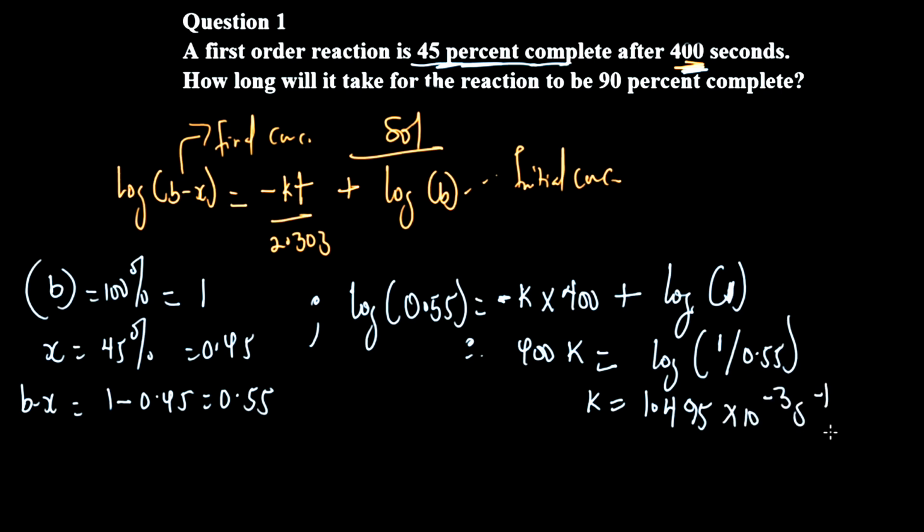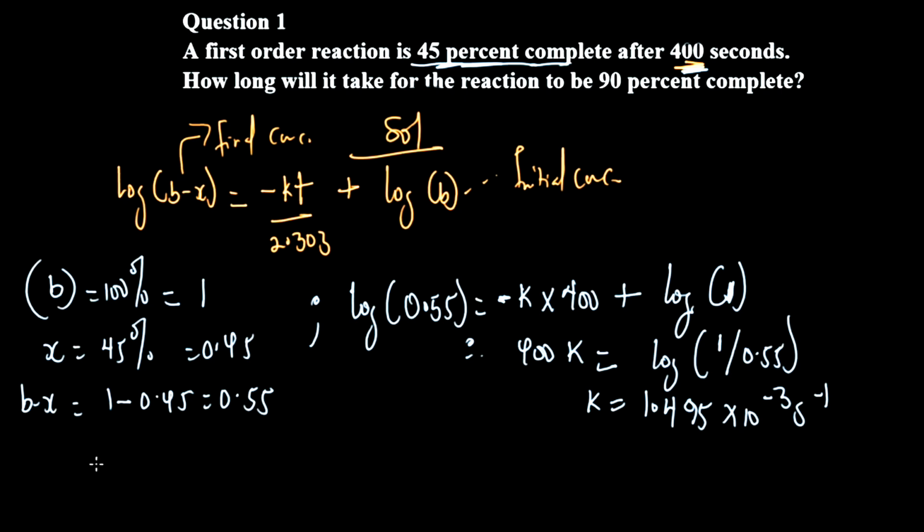Remember that the unit of the rate constant for a first order reaction is per time. So the second part of the question says, how long will it take for the reaction to be 90% complete?